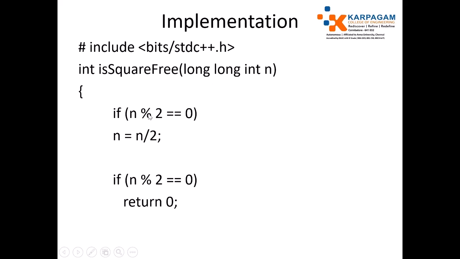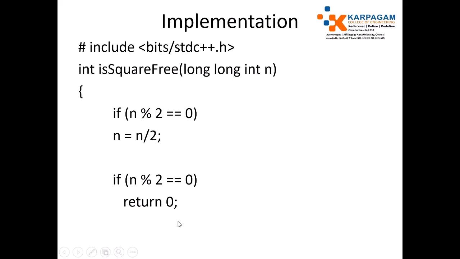First, take n and take the remainder by 2. If it is 0, you can divide n by 2 again. After dividing, if the number divided by 2 again gives the remainder as 0, it means that it has two prime factors which are the same.